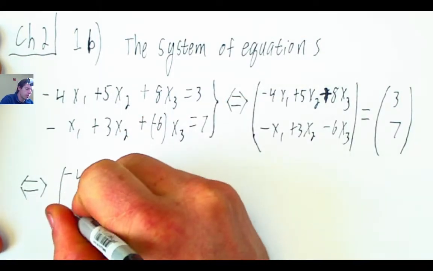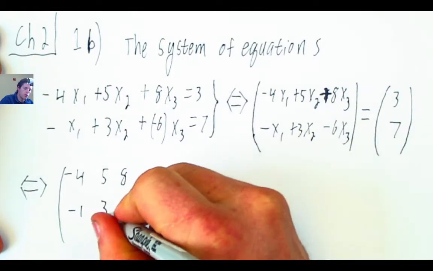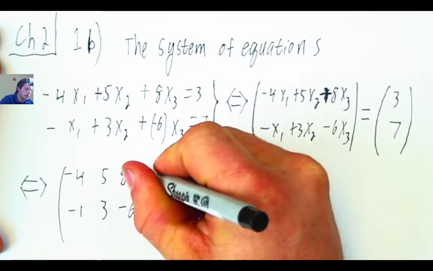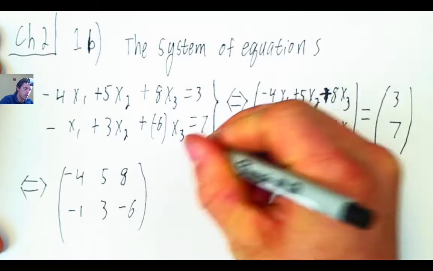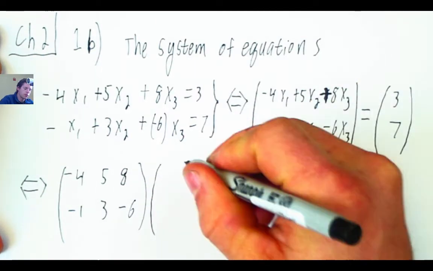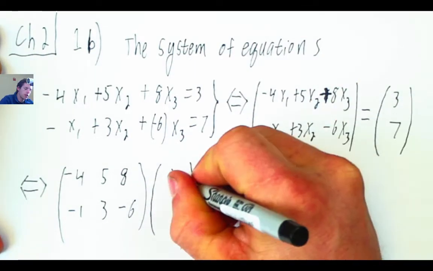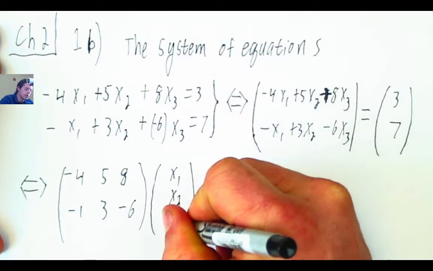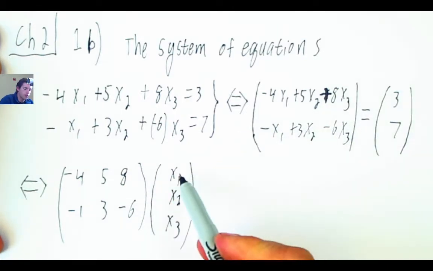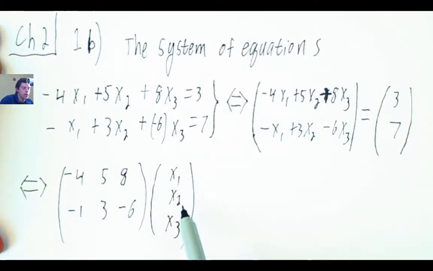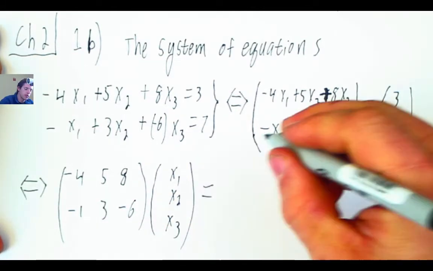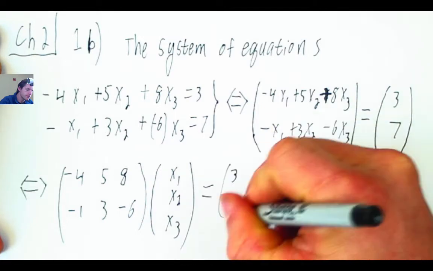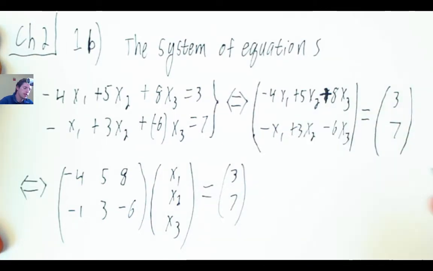Negative 1 goes with x1 down there, negative 1, 3, and negative 6. And that algebraic expression right there is obtained by putting in x1, x2, x3, of course, in that order, so that the x1 gets paired up with the negative 4, the x2 with the 5, and the x3 with the 8, etc. And on the other side, we still have 3, 7.